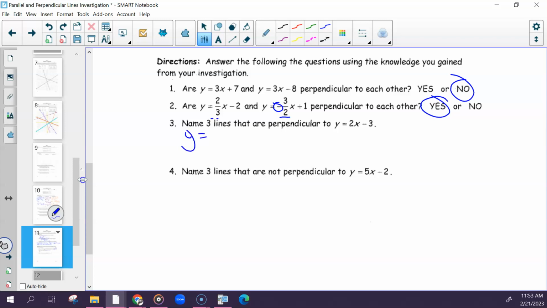I'm going to help them out. What would that slope be, Sophia? Negative 1/2. Can you give me the rest? Make up one. Whatever number you want. Your favorite number. That works. Alright, give me another.